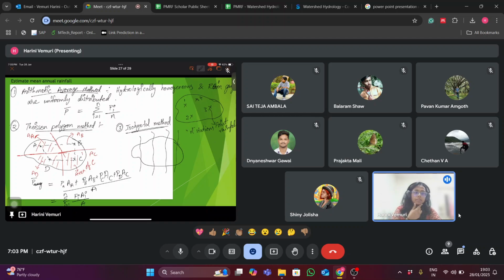So what does isohyet mean? An isohyet is a curve that gives an idea of the amount of rainfall that has occurred. Okay, suppose I am saying that this is the 10 mm rainfall isohyet, 20 mm, 30 mm, 40 mm.